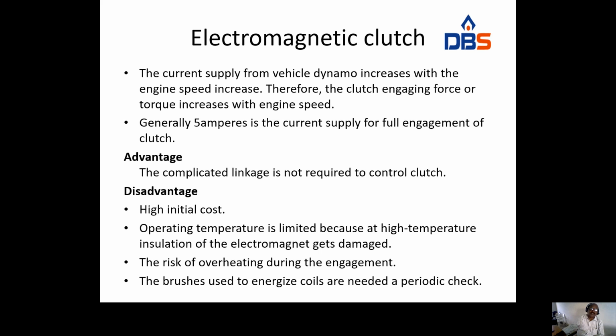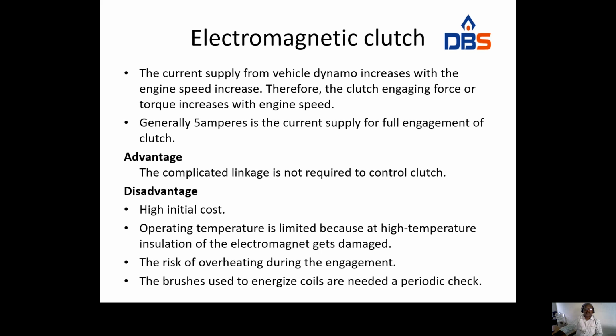The disadvantage is the very high initial cost, and the operating temperature is limited because at high temperature the insulation of the electromagnet gets damaged. All these electrical wire insulations get damaged, that's why it is not suitable at high temperature. There is also the risk of overheating due to engagement and disengagement, which can damage the electromagnetic clutch.